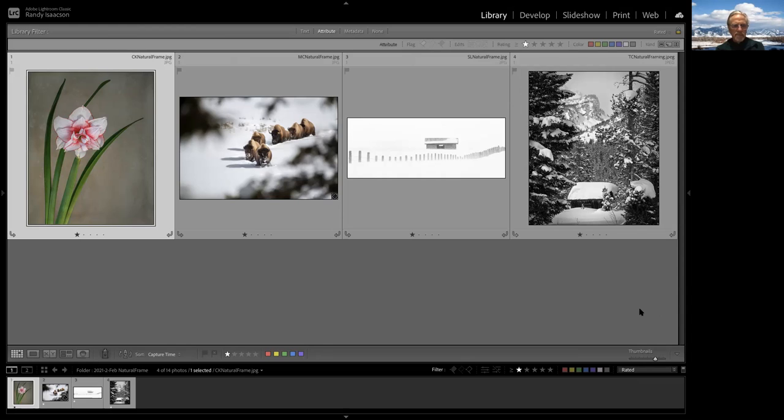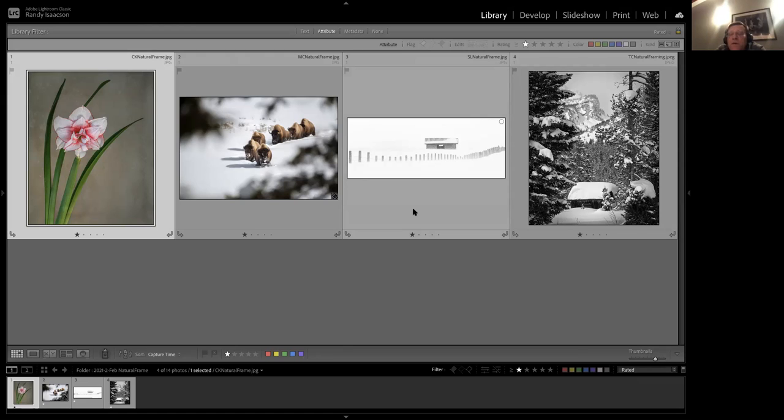Okay. Yeah, Randy. The one image that to me really screams natural frame is image number 2, because I could just see myself in the woods looking out at the bison walking through the snow, and the photographer did the right thing as far as putting the trees out of focus, because that's the way we really see that image, isn't it?